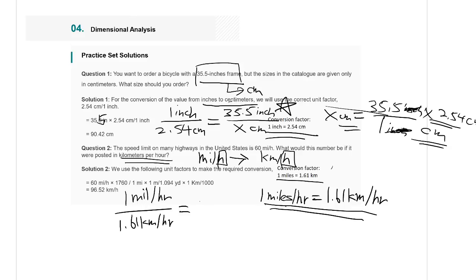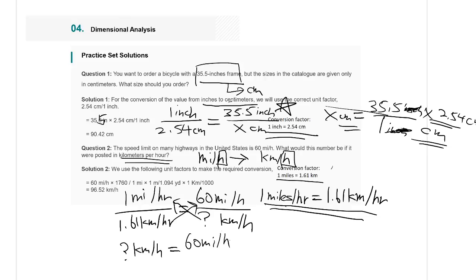All right, and assume the speed limit is 60 miles per hour. What would be the kilometers per hour? We already set up the equation over here, so let's start with the easy part. We rearrange the equation and solve for it. We just don't know how many kilometers per hour, so we move it here and the 1.61 over here, just cross multiplication.